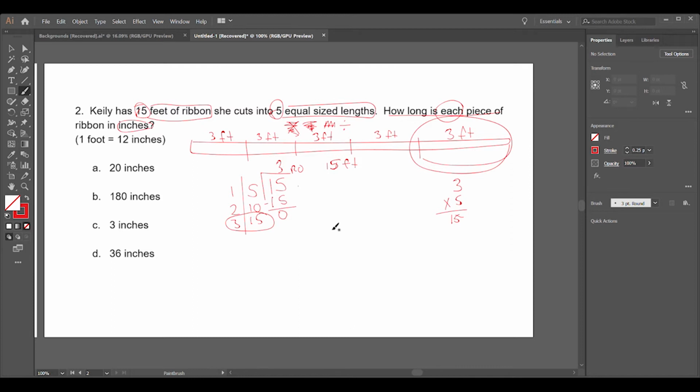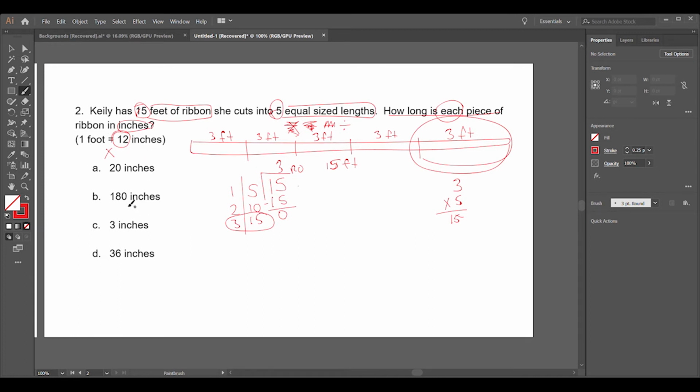Take a look at my conversion table here. I see 1 foot equals 12 inches. So I'm going from a large measurement down to a small measurement. That tells me immediately that I'm going to have to multiply instead of divide. And my magic number here for this conversion from feet to inches is 12.